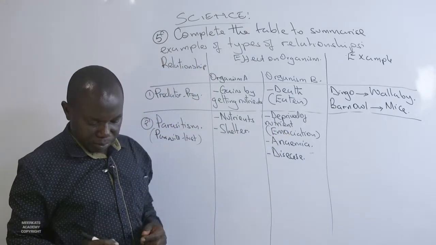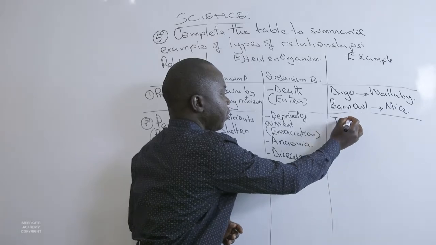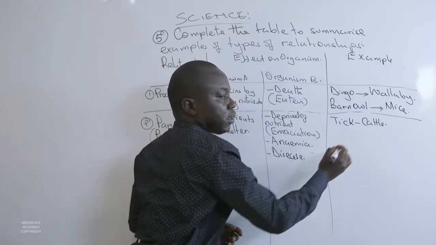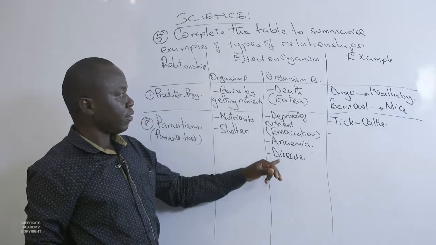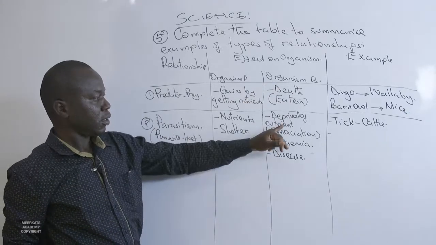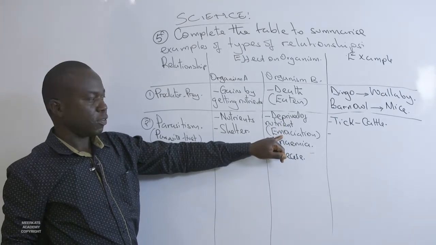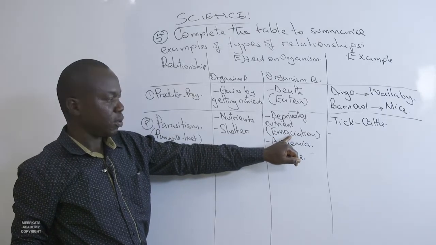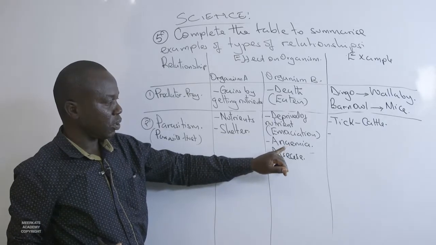So examples, we can give a very common example like the tick-cattle relationship. So we are saying organism B, which in this case is the host, will be deprived of nutrients, and the effect of this is emaciation, because the nutrients are supposed to build the body of the organism and for several other functions.